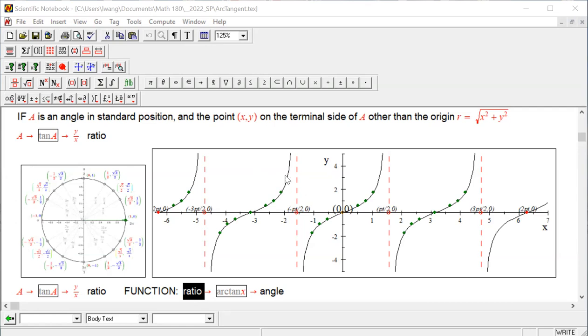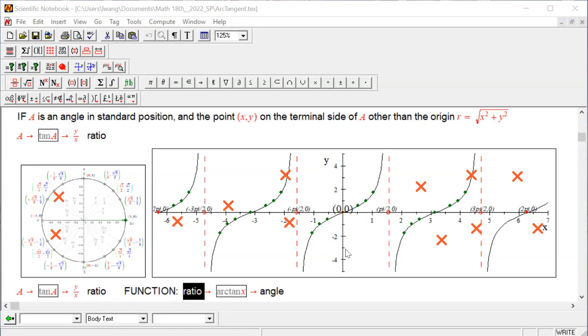So we're going to chop off everything else. On the unit circle, we're going to chop off quadrant 2 and quadrant 3. So we're going to make this piece corresponding to that piece, and make it one-to-one.